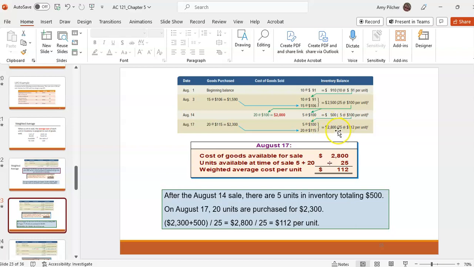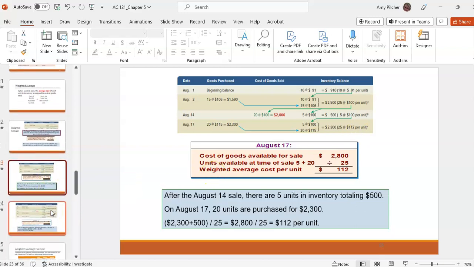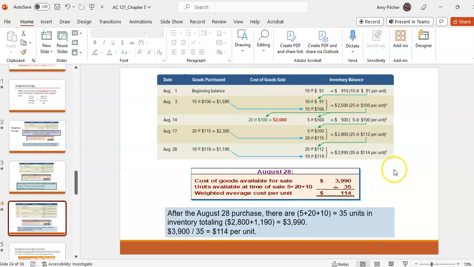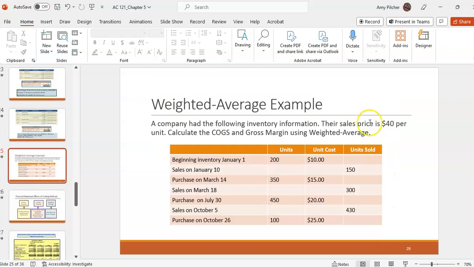We divide that by our 25 bikes, and we get a new average unit cost of $112 per unit. So every time we make a purchase, we update our average inventory cost. Okay? And then our third purchase on October 28th, we would do that process again. Now we have 35 units in stock with a new average price of $114 per unit. Okay, and again, I have an example of this in the Excel video.